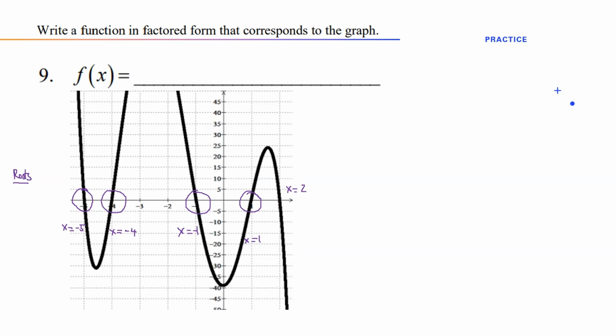That's all our roots. Then we find the zero factors. So x plus 5 equals 0, x plus 4 equals 0, x plus 1 equals 0, x minus 1 equals 0, x minus 2 equals 0.